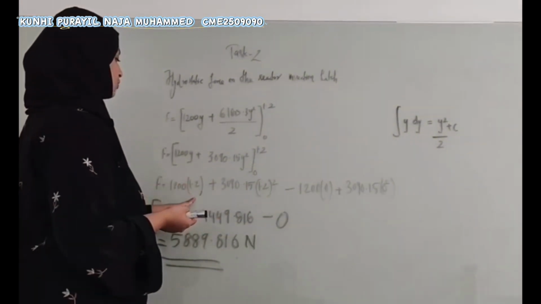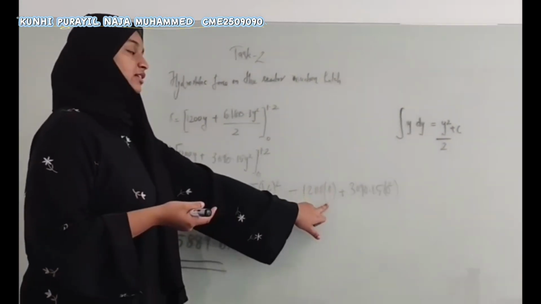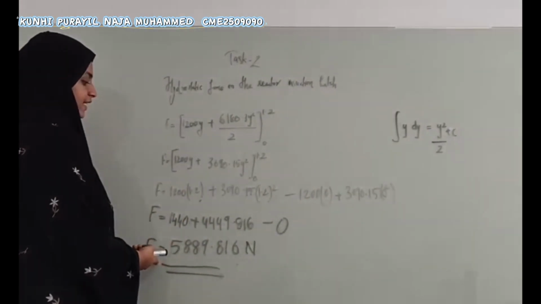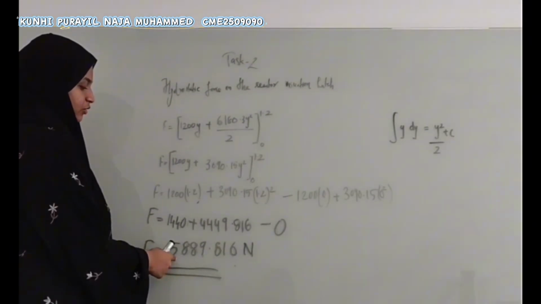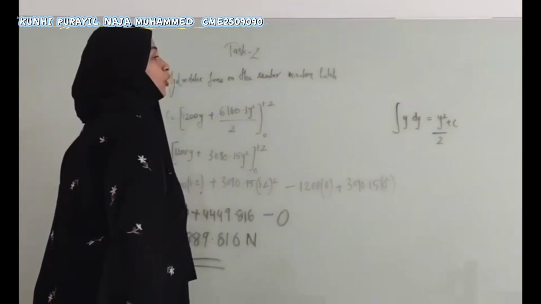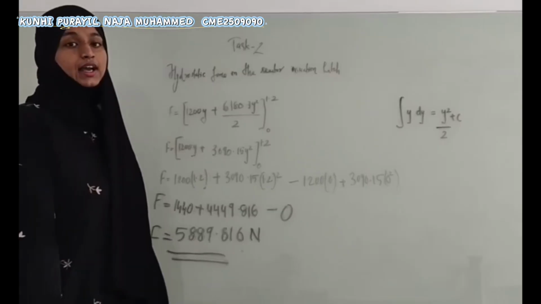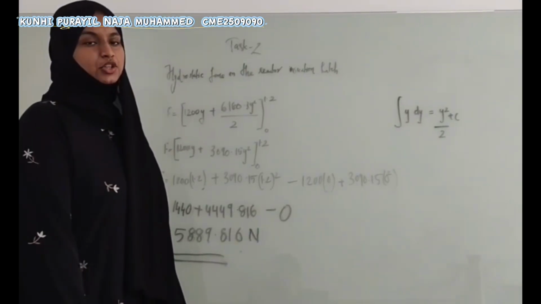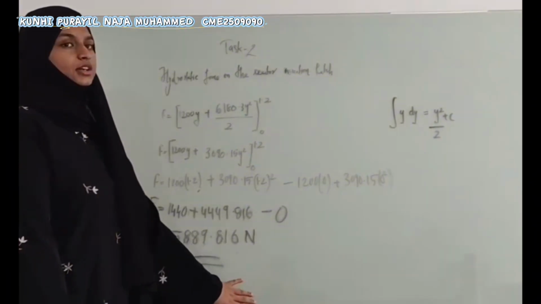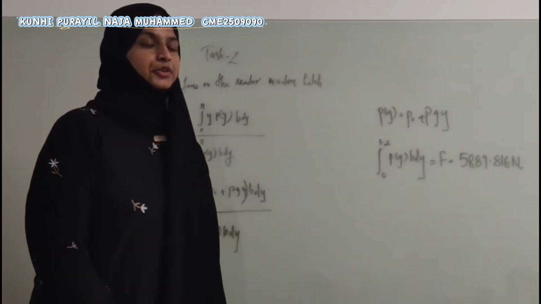So after simplifying the equation, we finally get F equal to 5889.816 Newton. So the hydrostatic force acting on the reactor inspection hatch is 5889.816 Newton. Let's move to calculating the center of pressure.